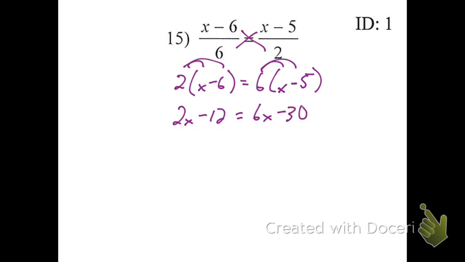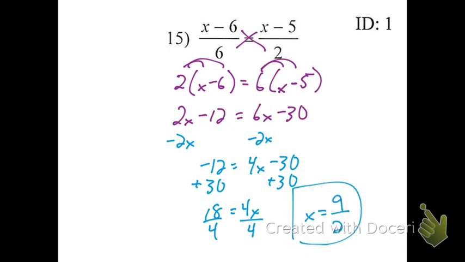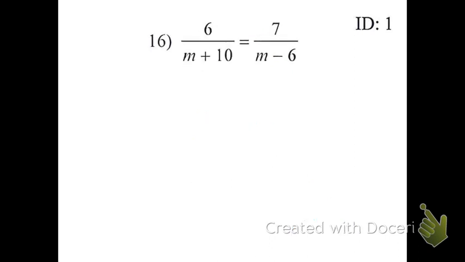So then I'm going to subtract 2x from each side. Okay, negative 12 is equal to 4x minus 30. Then I'm going to add 30 to both sides, because why not? I get 18 is equal to 4x. I've got a fraction on this one. Divide both sides by 4. We get x is equal to 9/2, or 9 over 2, or if you wanted, 4.5. But I like fractions better.